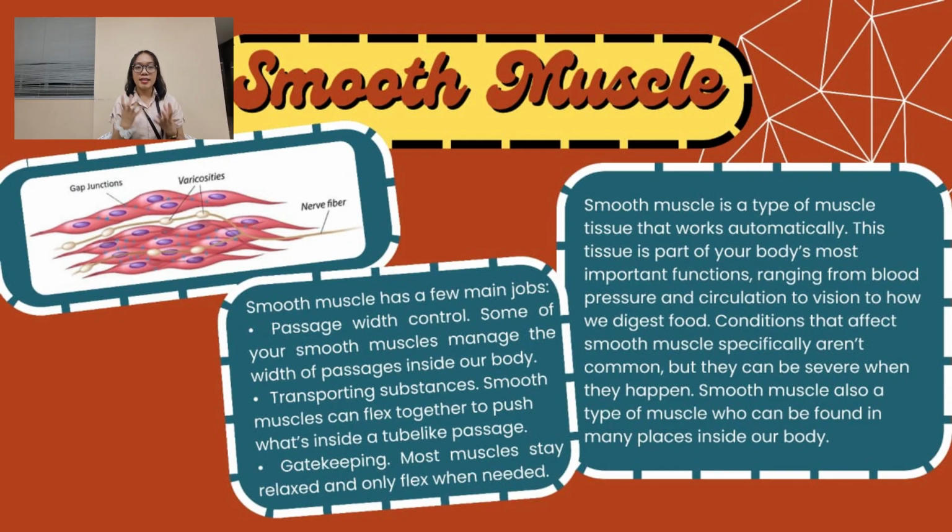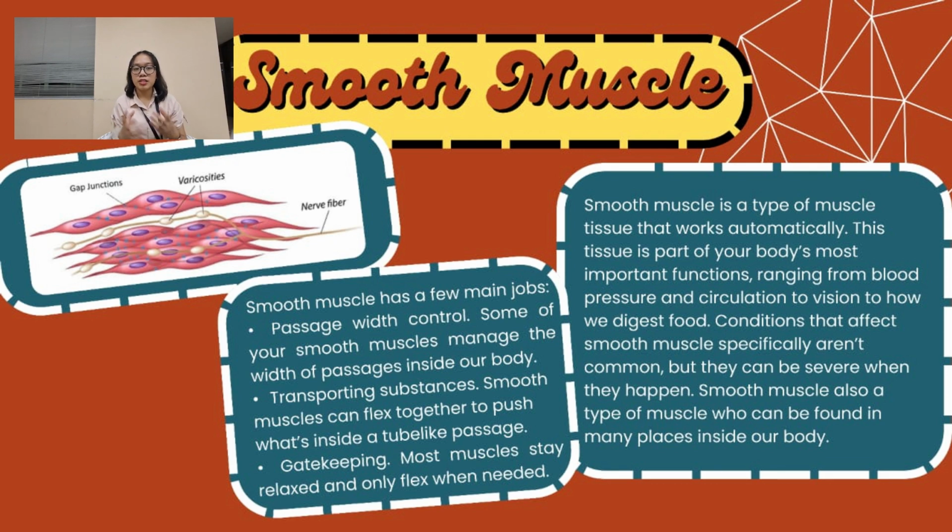Smooth muscle has a few main jobs. First, passage width control. Some of our smooth muscles manage the width of passages inside our body. Examples of this include our blood and lymph vessels and airways. Second, transporting substances. Smooth muscles can flex together to push what's inside a tube-like passage.